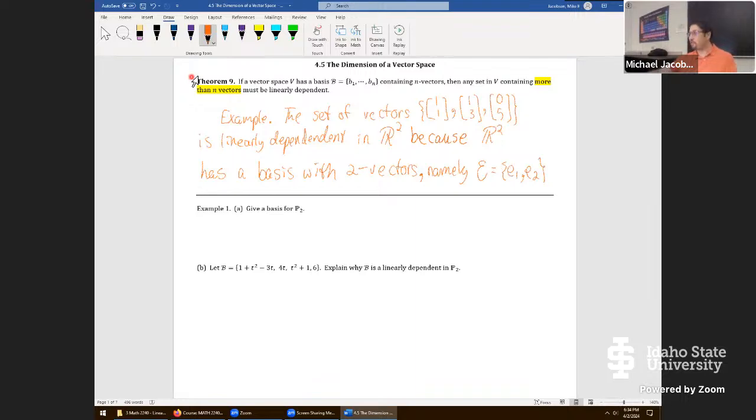Like we wrote in the notes before, E1 is (1, 0), E2 is (0, 1), just the columns of the 2x2 identity matrix. But that's a basis with two vectors. And the theorem says any set in V, rather, containing more than two vectors in R2, here's that set, is automatically linearly dependent. So that's a really fast argument.